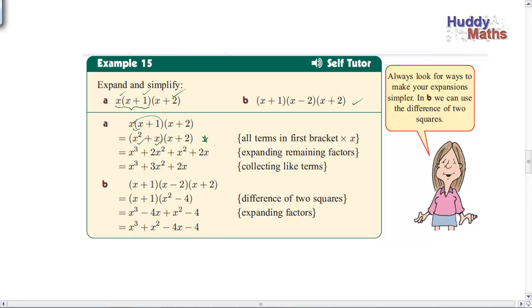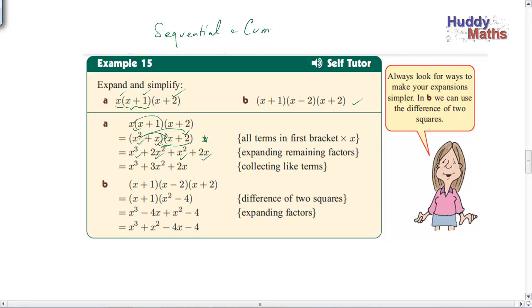So taking it in parts, understanding that what we're doing here is multiplying everything out. Okay, so then we've got this by this, x cubed. This by this, back to our basic idea, 2x squared. Then x by x, x squared. Then x by 2, 2x. So just remember, there's a Huddyism now: maths learning is sequential and cumulative.